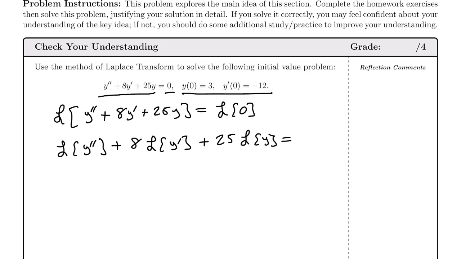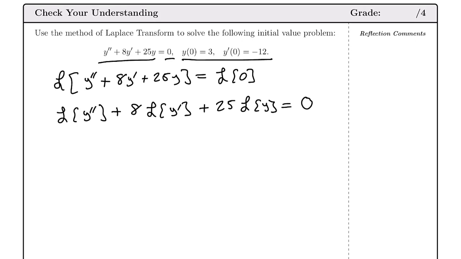And we will use the fact that the integral of 0 is 0, and therefore the Laplace transform of 0 is 0. Then we will use one of the properties of the Laplace transform that says L of y prime is sL of y minus y of 0. And therefore, L of y double prime will become sL of y prime minus y prime of 0.